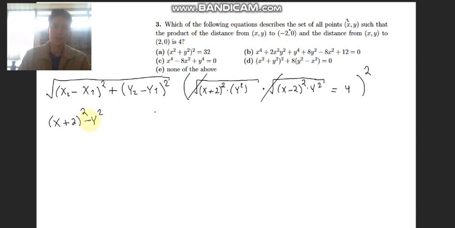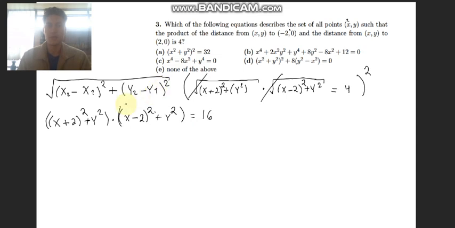Oh, this is plus, sorry, I was making a mistake here. Times (x minus 2) squared plus y squared, and this is equal to 4 squared, which is 16.